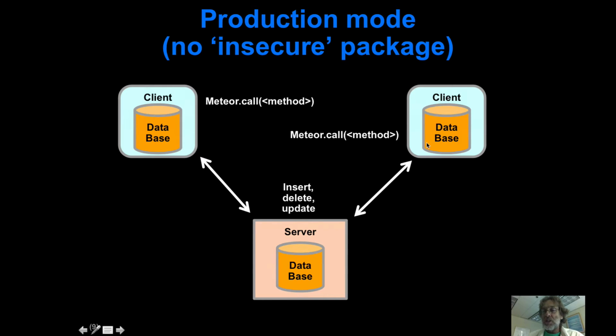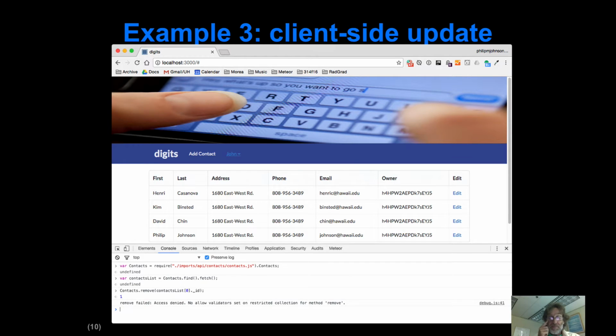Meteor will just assume it's going to be okay, make the change, and you see the change instantly, and only in the case where you did something bad would the screen revert to the previous state a second or two later. So anyway, this is how you would do things in production mode. You're going to use Meteor methods that specify an appropriate API to clients to manipulate their own database.